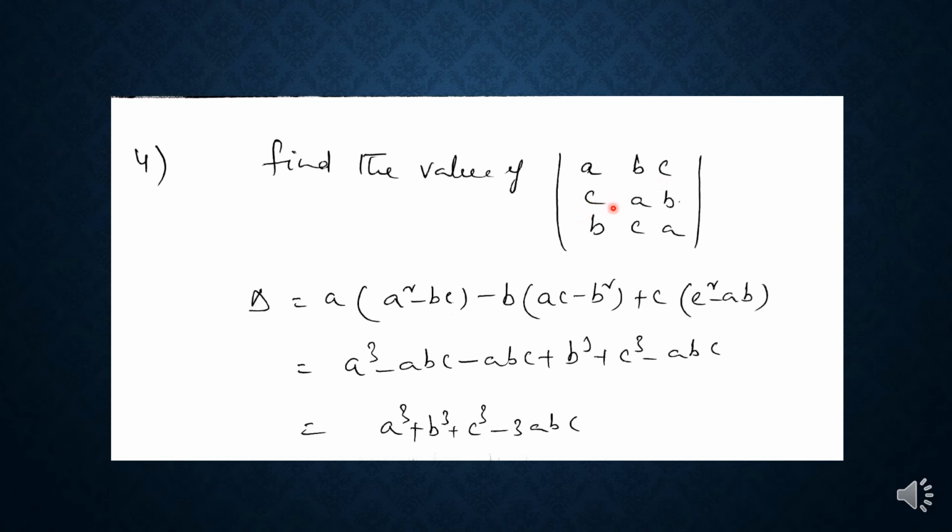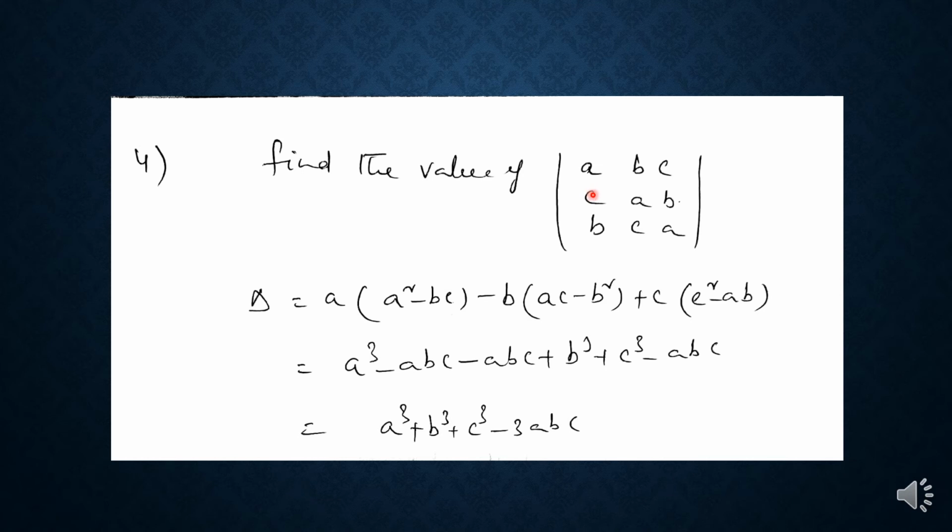If we take the second row, C into its cofactor plus A into its cofactor plus B into its cofactor. If we take the third row, B into its cofactor plus C into its cofactor plus A into its cofactor. So what is the cofactor of an element? Cofactor of an element is equal to minus 1 whole to the power of i plus j into its minor.